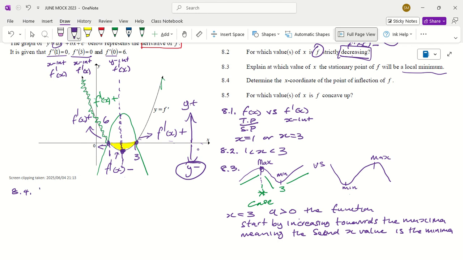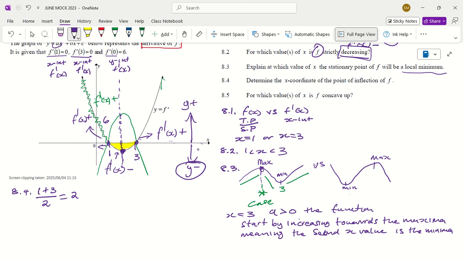So meaning that what we can do is find the midpoint of the x values, then this will give us the point of inflection. So the midpoint of the x values is now going to be 3 plus 1 divided by 2, which is equal to 2. So that is very simple.